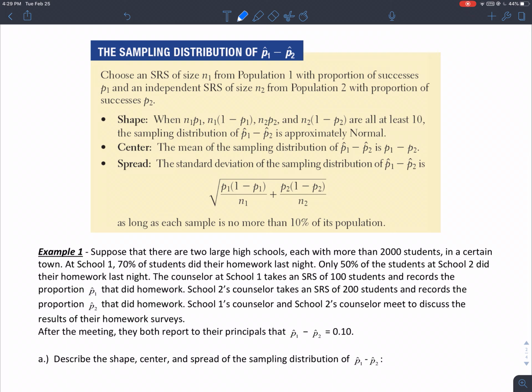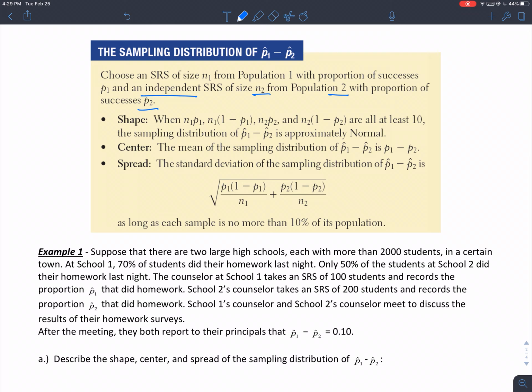It says choose an SRS of size N1 from population 1 with proportion of successes P1 and an independent SRS of size N2 from population 2 with proportion of successes P2, and then this is what would happen.